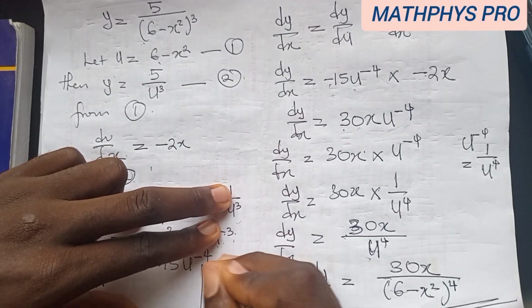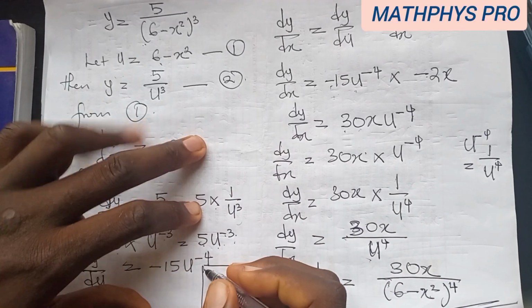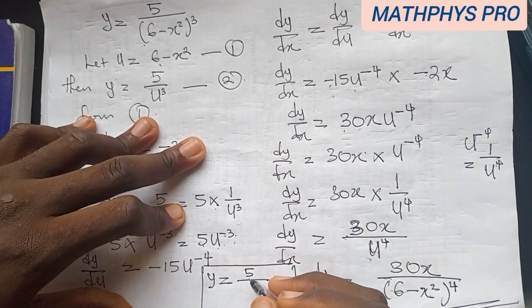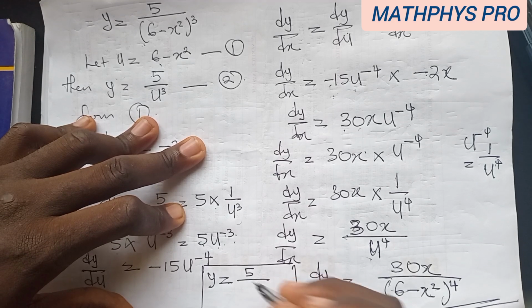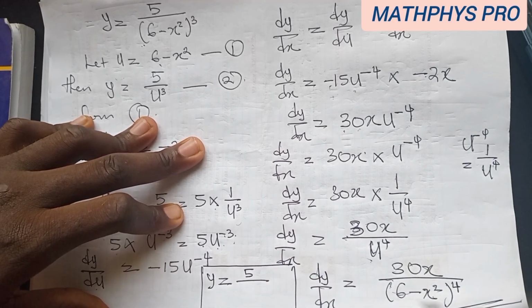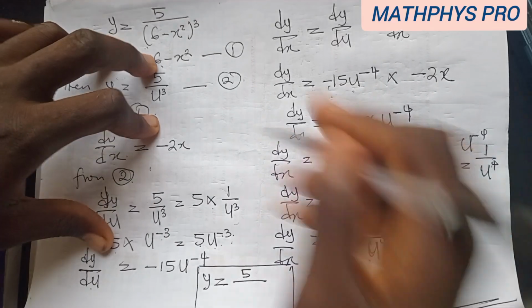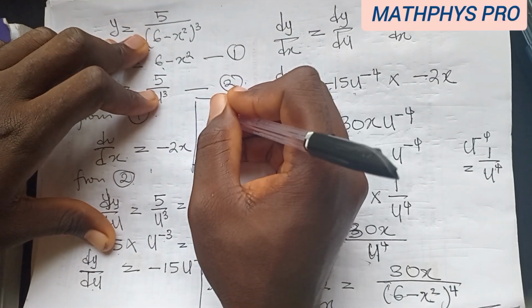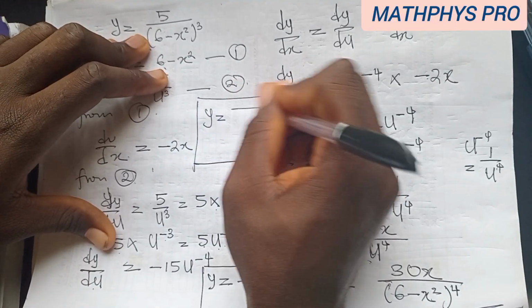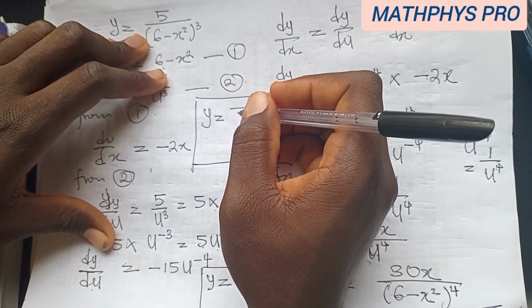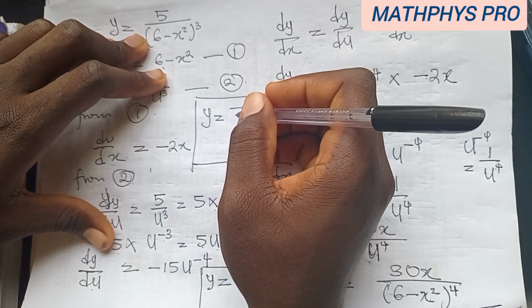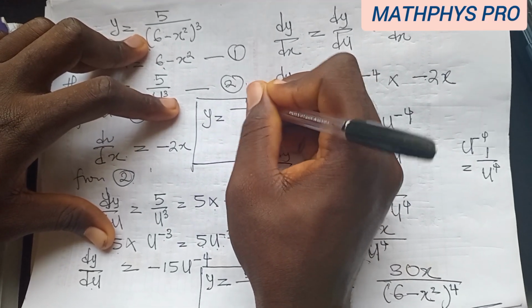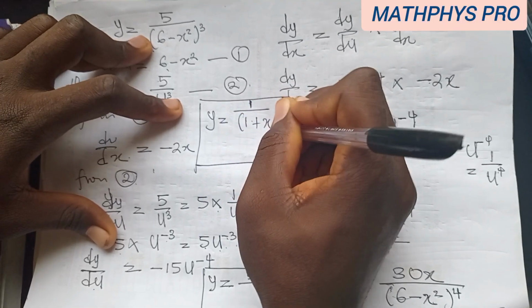So now I want you to do this question. Find the derivative of y equal to 1 over 1 plus x squared.